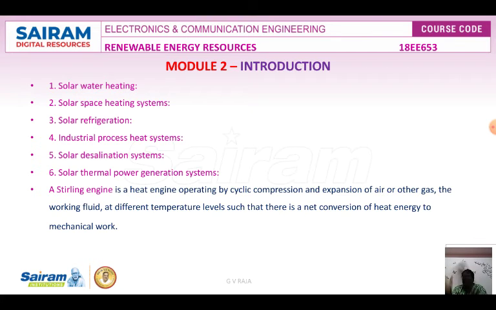Or the same heat energy can be stored in a separate tank, called a thermal storage tank, from which we can use it during night time, cloudy time or rainy time to heat a particular space, to heat water, to dry crops, or to run a cooling system for the room. So three processes take place in the solar collectors: the sun's energy is collected and converted, transferred, and stored.